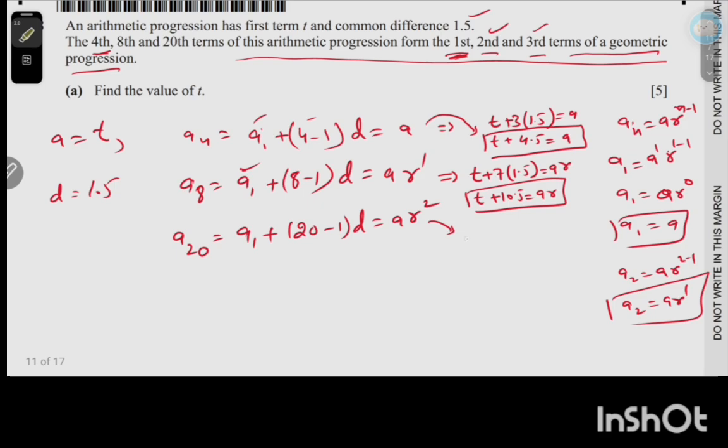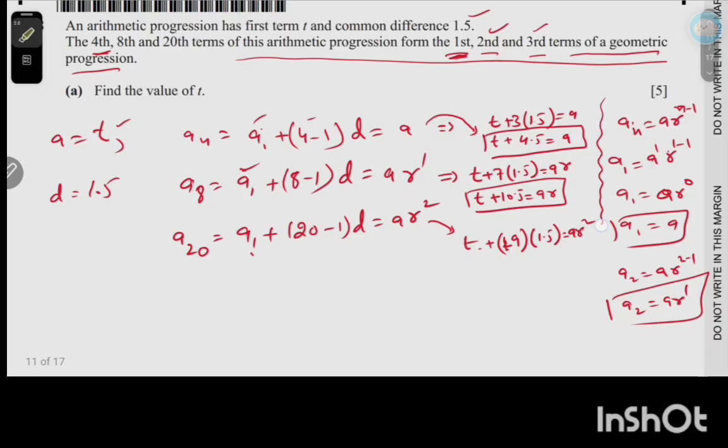Now the third one: a is t, plus 20 minus 1, which is 19, and d is 1.5, which is equal to ar square.